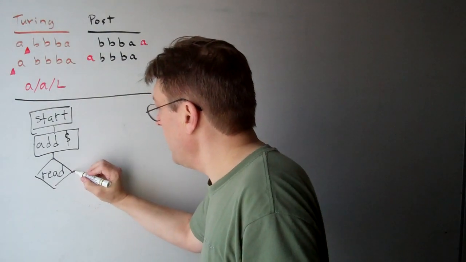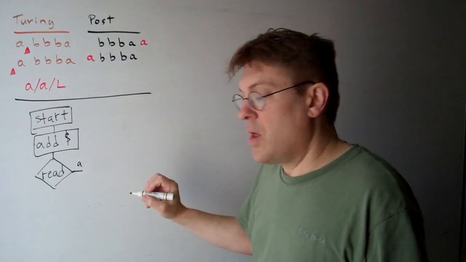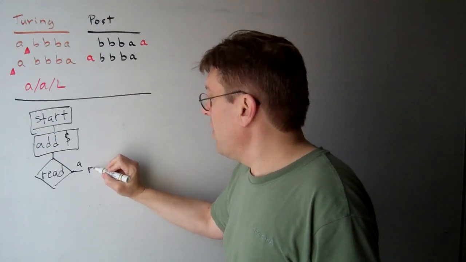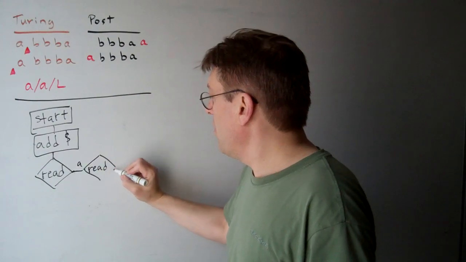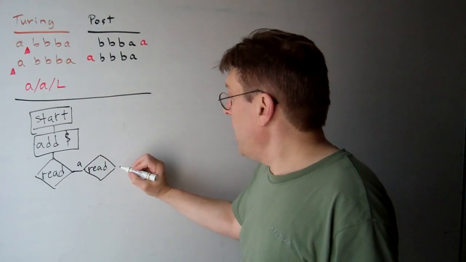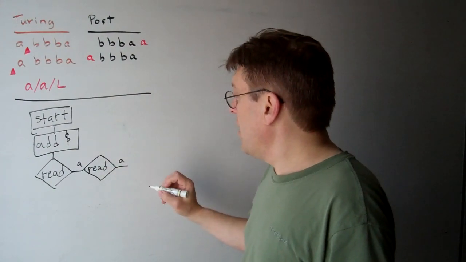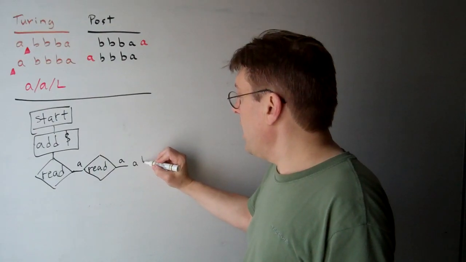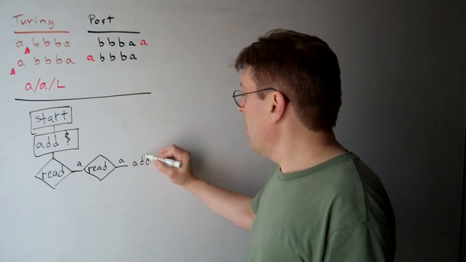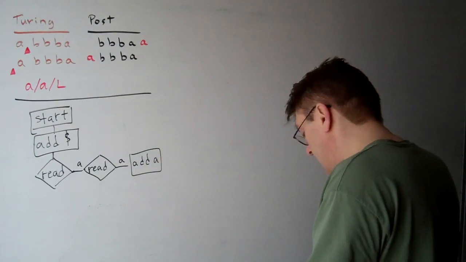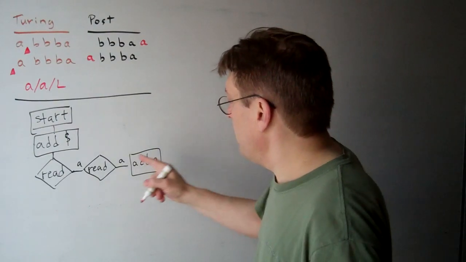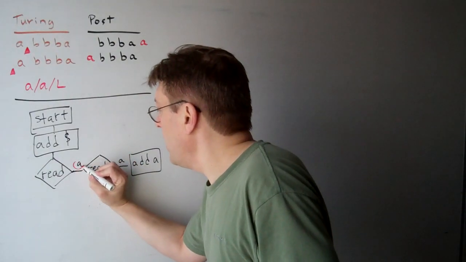If I read an A, then I'm going to read again. And if I read an A, then I'm going to add an A. And I want to stress that the A that I'm adding is not this A, but this A. I'm adding this A.